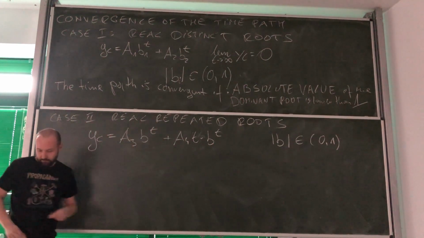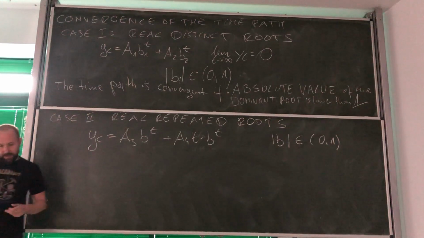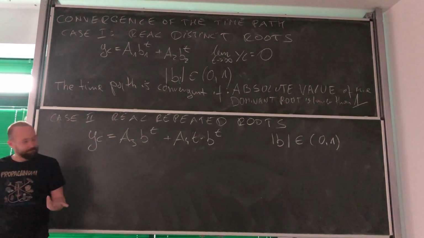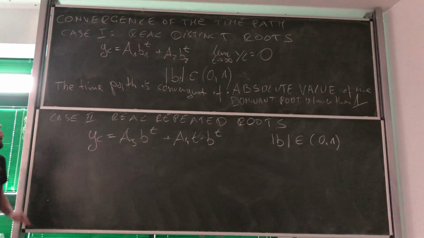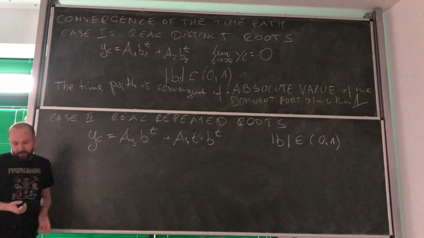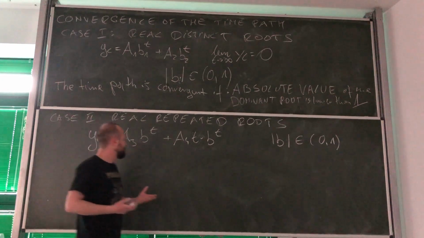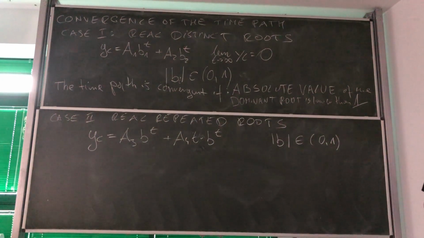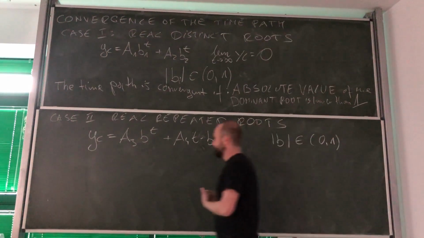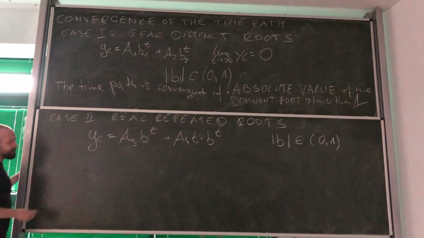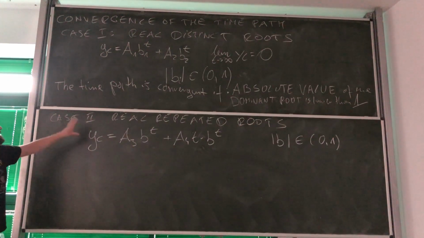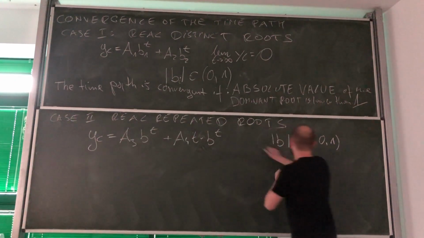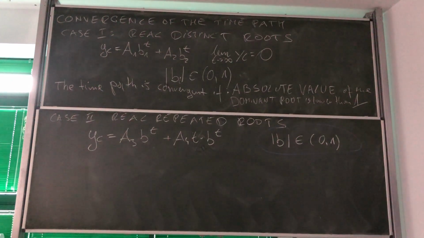However, t over here is getting bigger. Now look, again, we have a very similar situation as in the case of differential equations. What do I mean by that? Let's just assume that we've calculated b and it's between 0 and 1.